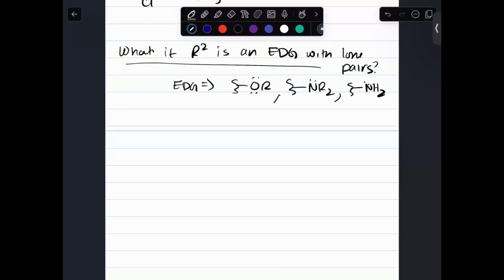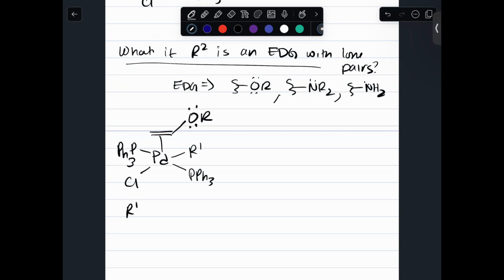Now, let me draw out my structure. Now, if my R2 is an electron donating group, my R1 adds to the most substituted carbon. Let me draw this in red.